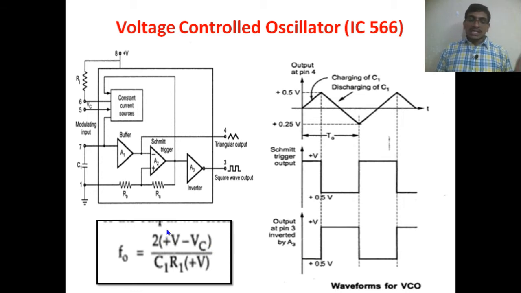C1 and R1 are the external capacitor and resistor that decide the frequency of oscillations, and plus V is again the supply voltage.